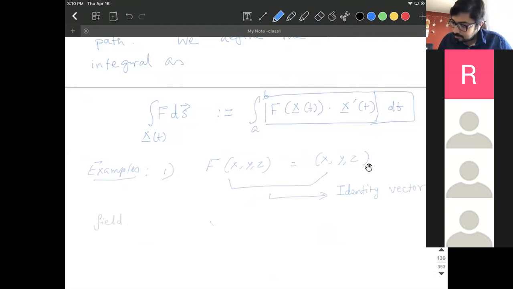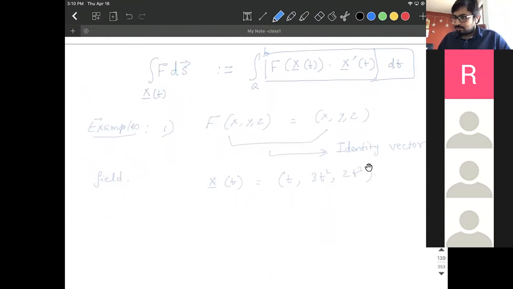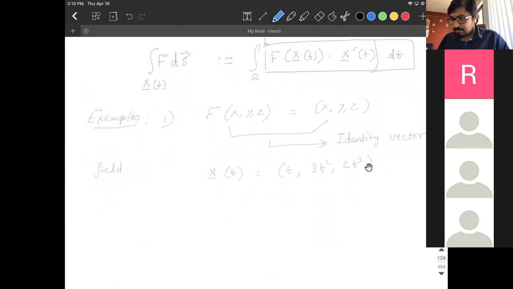And x(t) is given by (t, 3t², 2t³). I mean, this example is just to see how this definition works. There's nothing more to it. And t varies between 0 and 1.